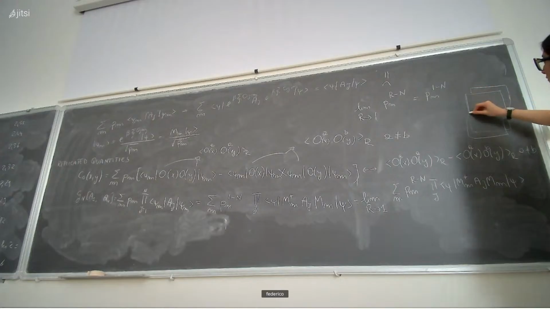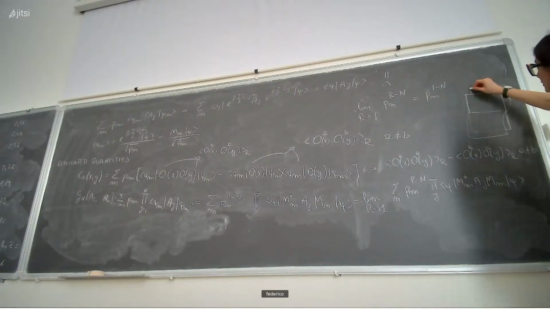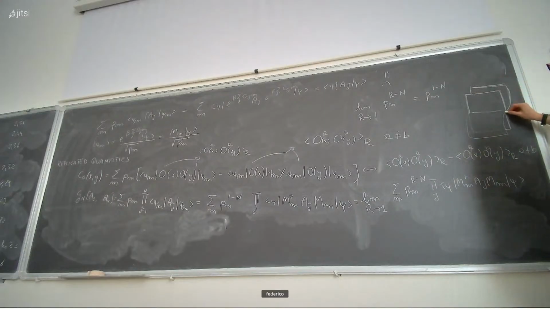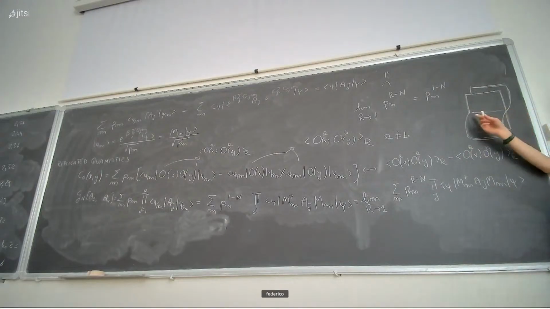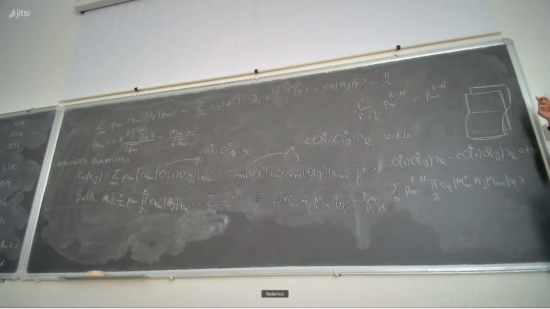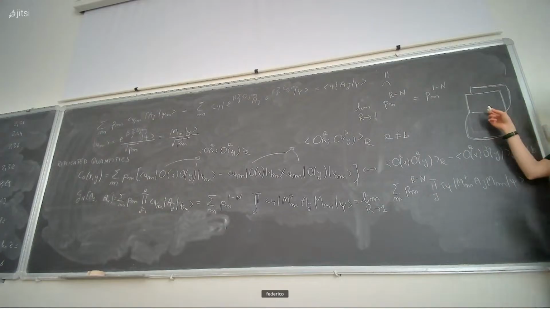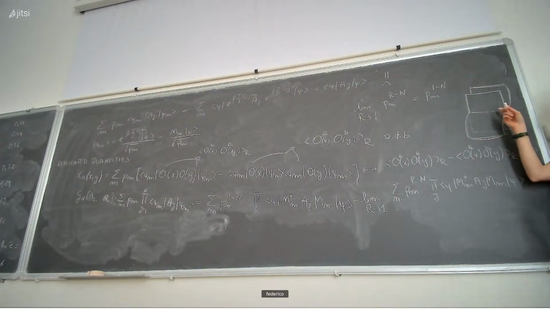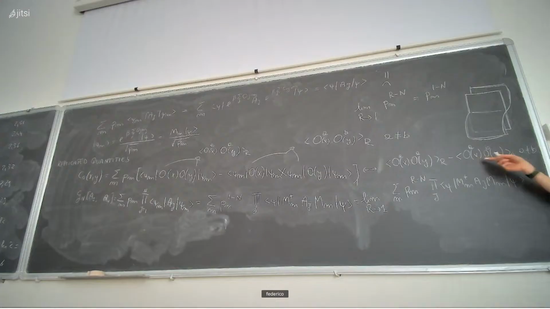Okay, so you have your first replica, which is this sheet here, and then you have the second replica, this one here, and the two replicas are coupled at time equals 0, where we have done the measurement. So these two replicas are not independent. That's why it's interesting: the interesting thing is really this object, where you have two fields living on two different replicas, with A different from B. And this term is non-trivial because the two replicas are coupled by the measurement.